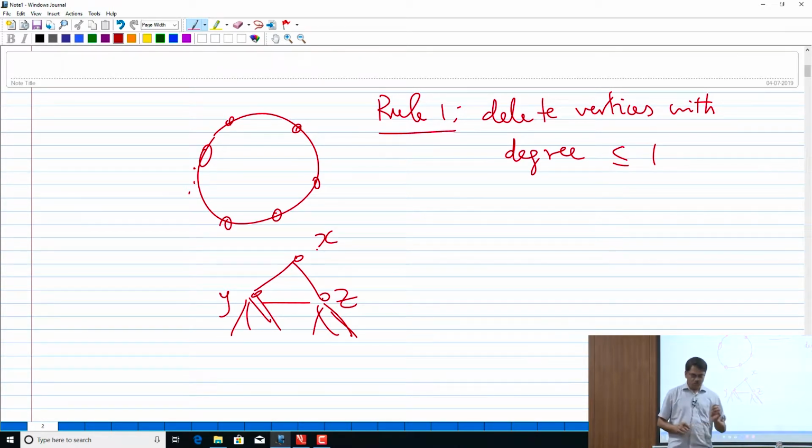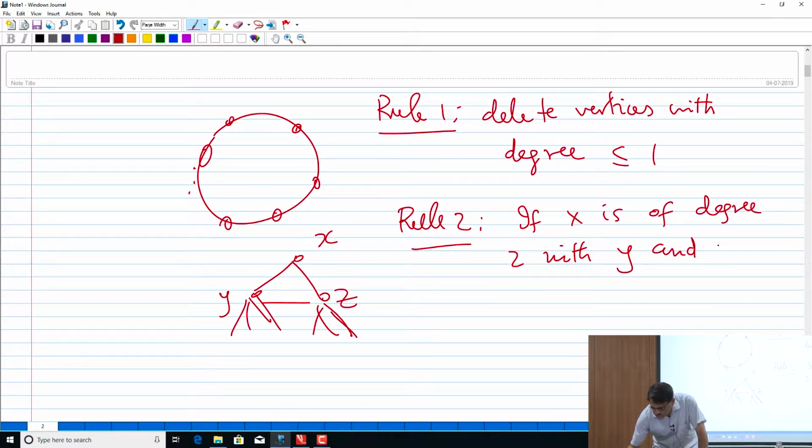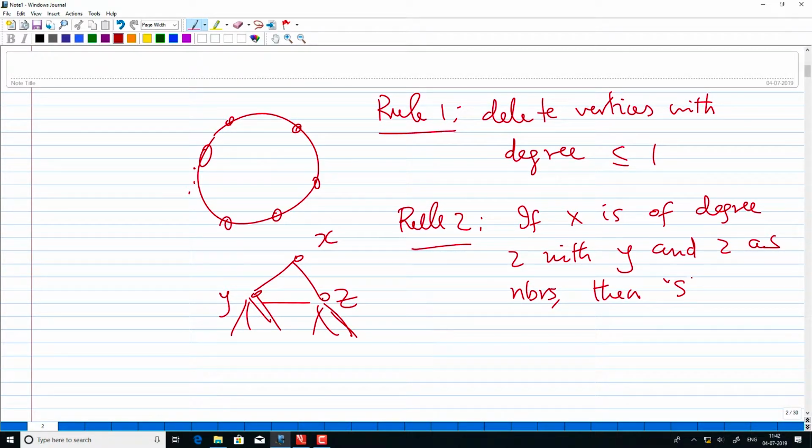Okay. So here is, in fact, if you've seen the approximation, or you have not seen approximation for feedback vertex set, a popular reduction rule to deal with degree 2 vertices. If x is such a vertex, then you do what is called a short circuit.